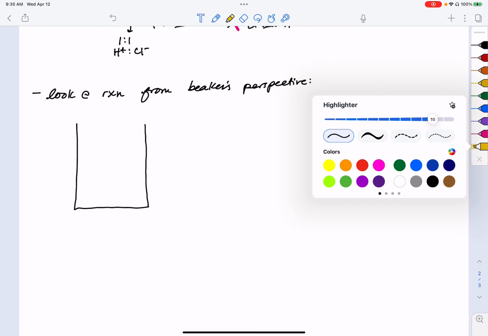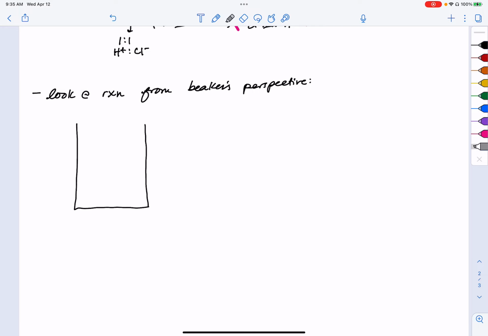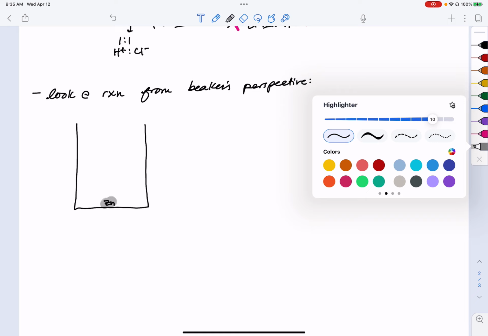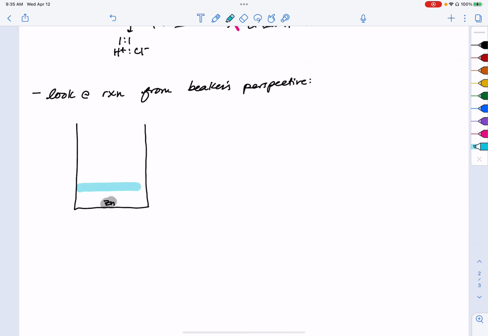All right, so I had some solid zinc metal that was dissolved in 15 milliliters of hydrochloric acid.